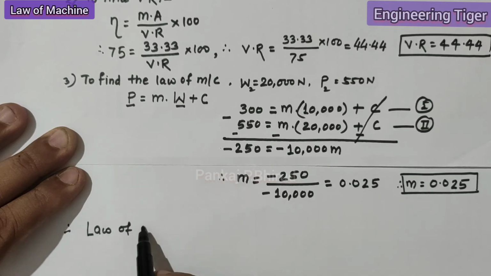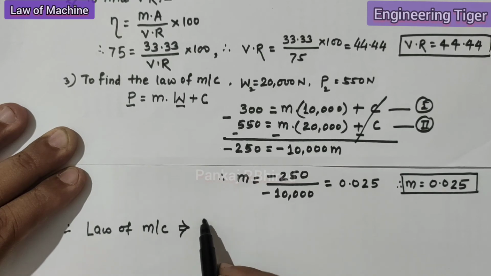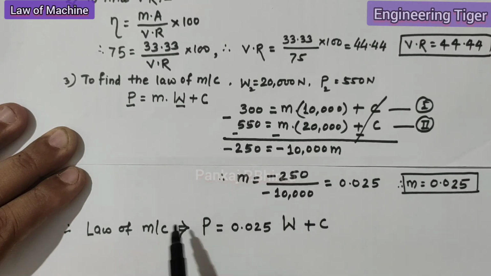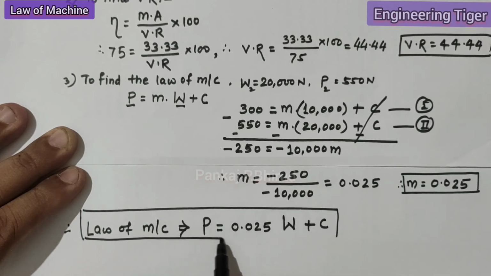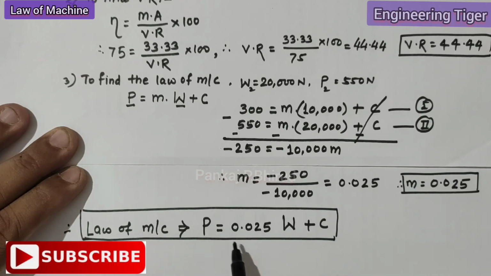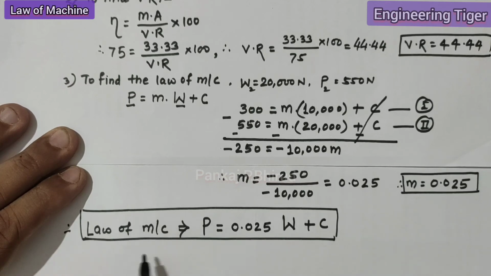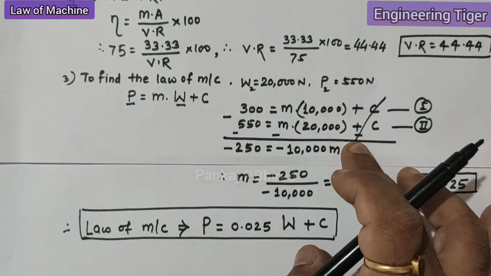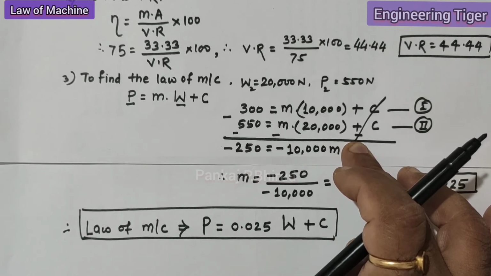Therefore, law of machine is P is equal to 0.025 W plus C. From this law of machine, if P is given, we can calculate W. If W is given, we can calculate P. So here we have already found the law of machine, P is equal to 0.025 W plus C, for this particular given machine. In this way we can easily calculate the law of machine from the given data.